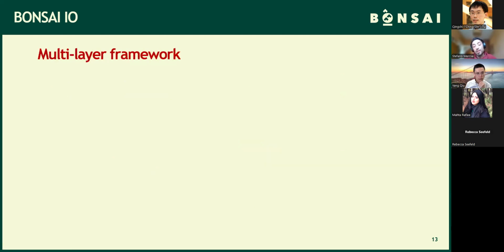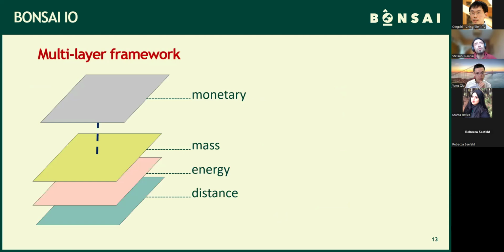So what we are doing in Bonsai.io is creating a multi-layer framework. Each layer can be thought of as one layer where we have one unit of measurement. So we have one matrix where we account all the products that can be accounted in monetary units.